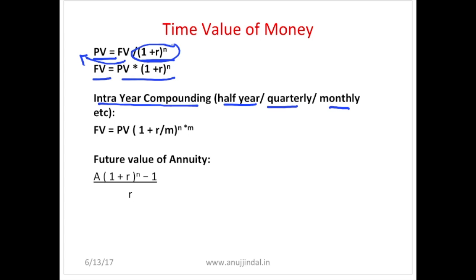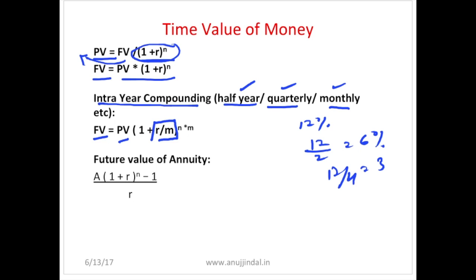When there is intra-year compounding, which means that the rate of return is half yearly, quarterly, or monthly, you find out future value as present value into 1 plus R upon M, raised to power n into M. So R is reduced. If there is 12% R yearly, then half yearly it becomes 12 by 2, which is 6%. Or if it is quarterly, then it becomes 12 by 4, or 3%.